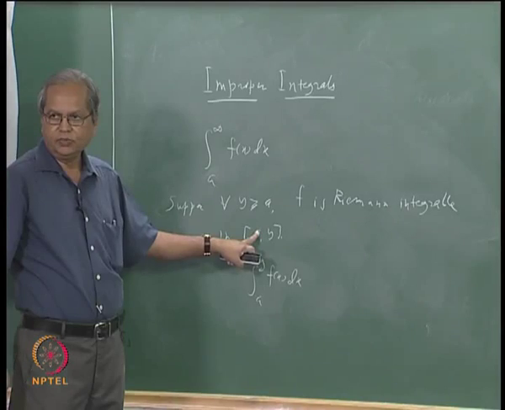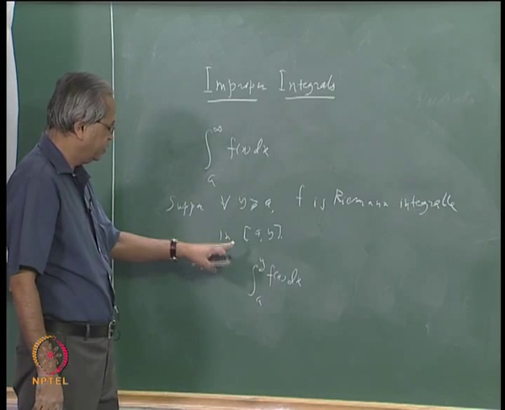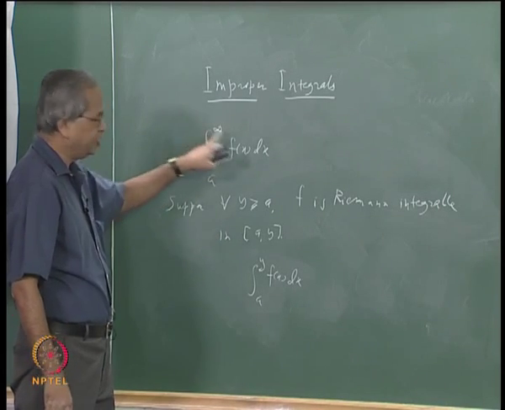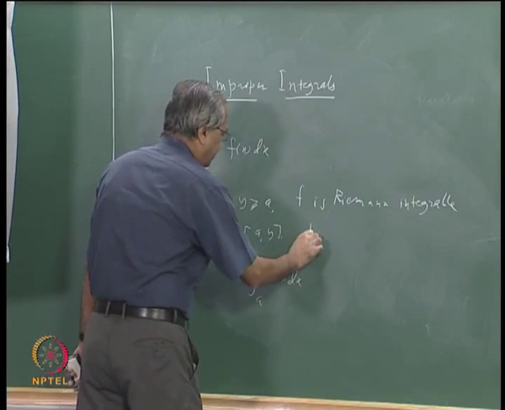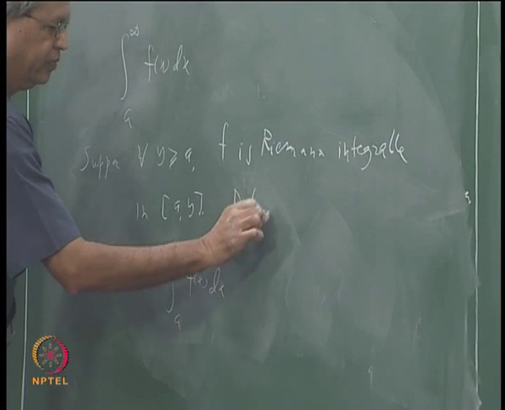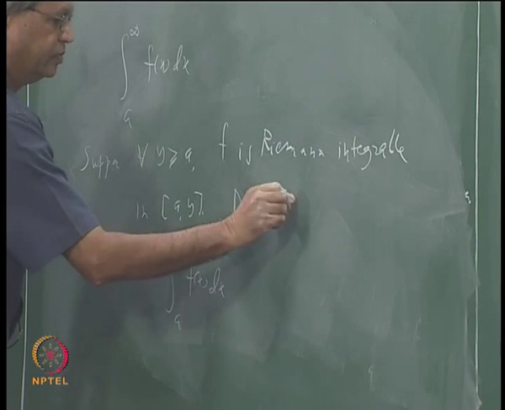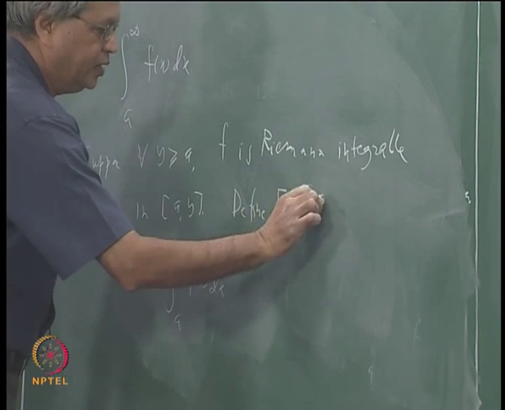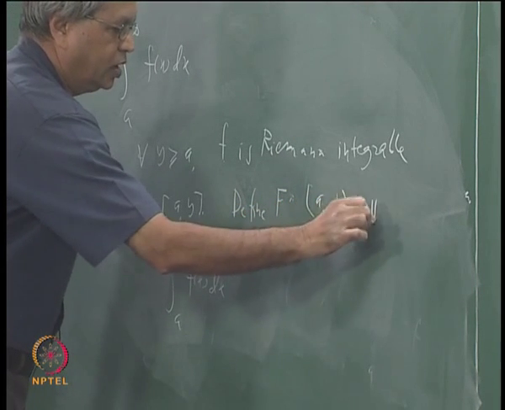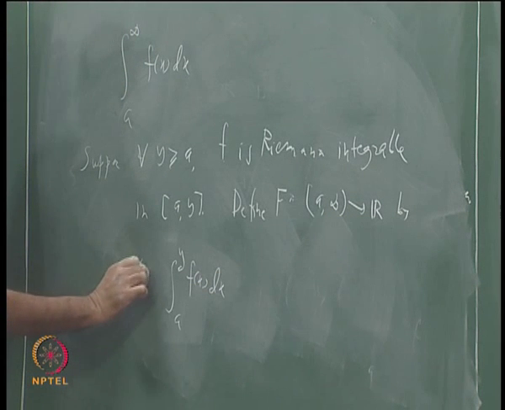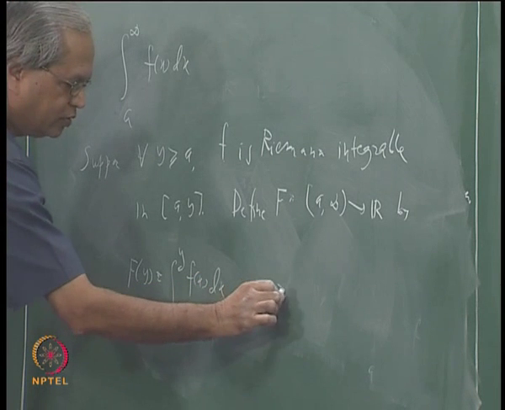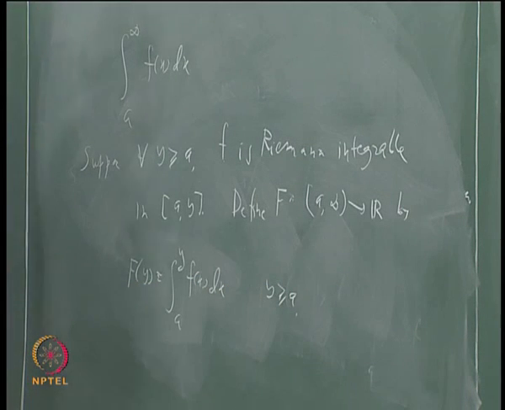So it means this will define a new function on the interval a to infinity, that is, for each y. We can say: define big F from the interval a to infinity to R, by big F of y. So this is defined for y bigger than or equal to a.